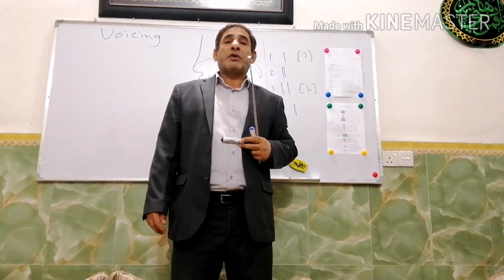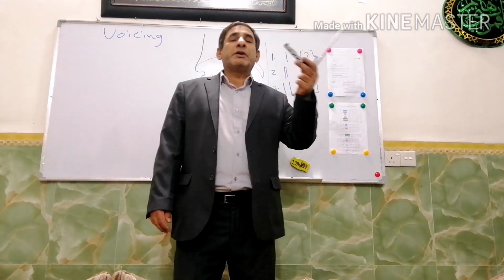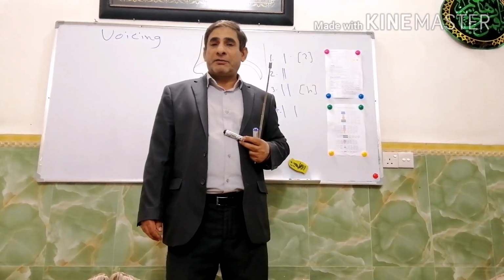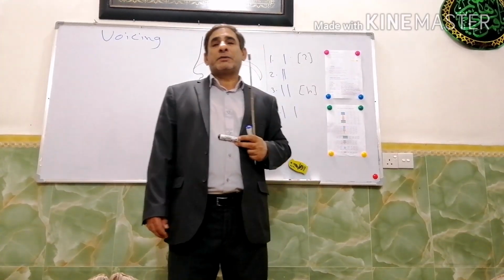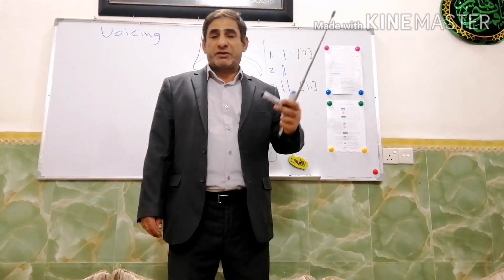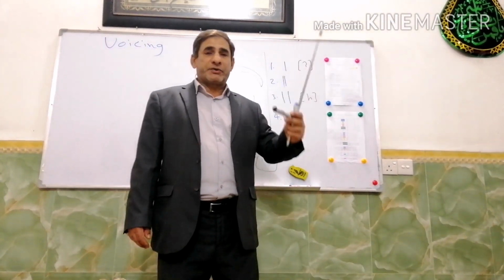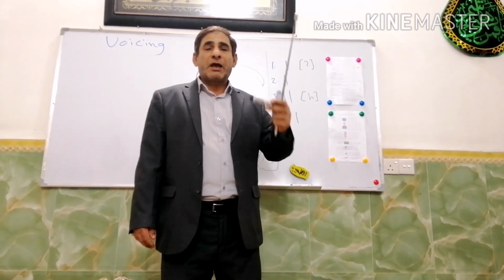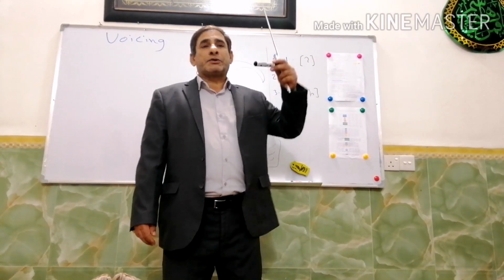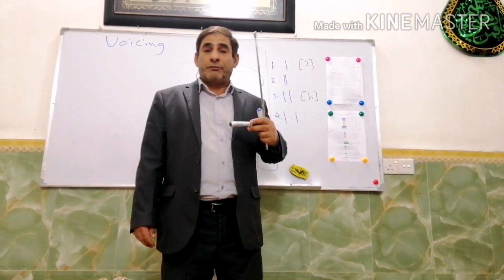And here also they found that any consonant which is voiceless is seen to be stronger than those which are voiced. So we can say that any consonant which is voiceless is also Fortis and is also strong.